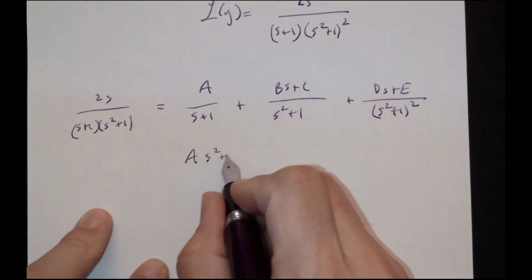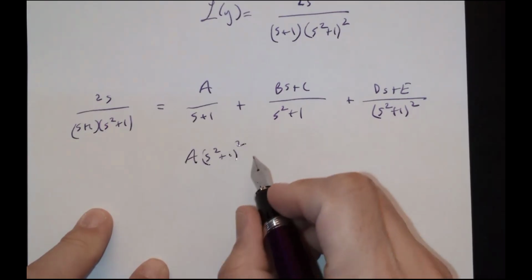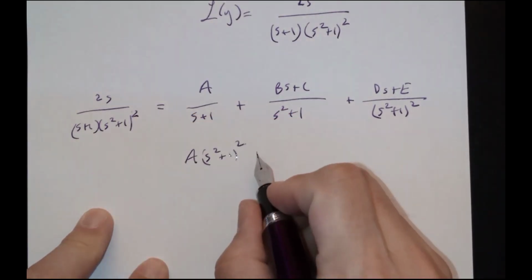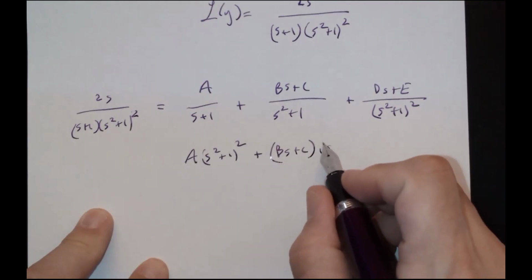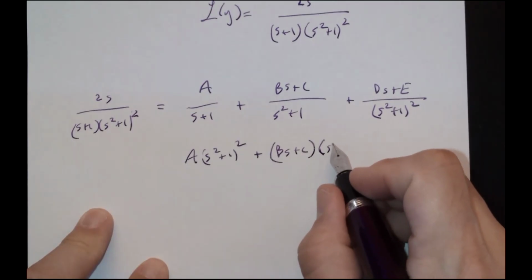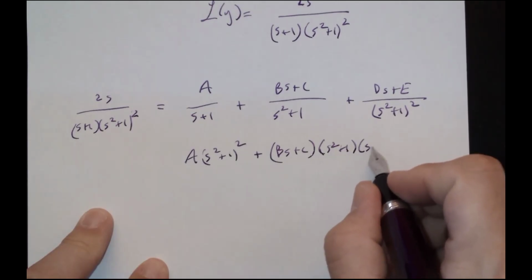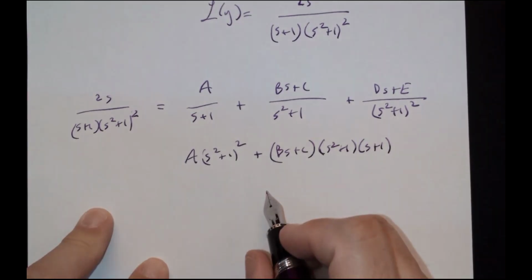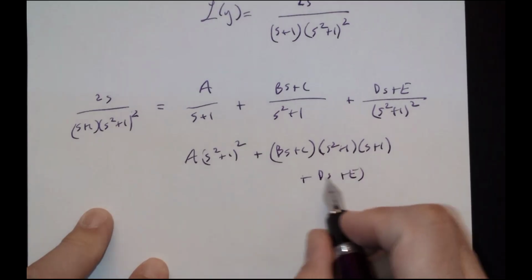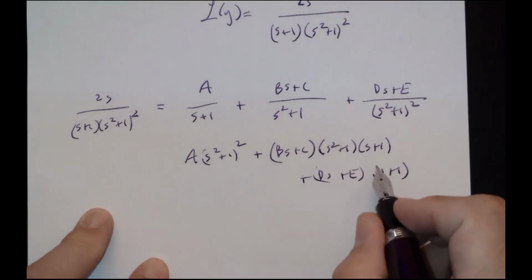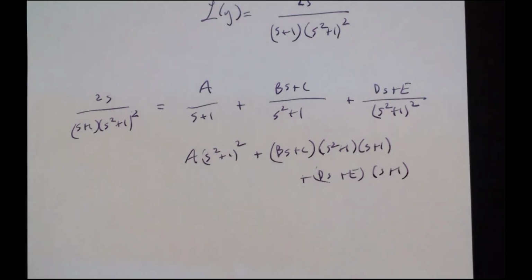A times s squared plus 1 squared plus Bs plus C times s squared plus 1 times s plus 1 plus Ds plus E times s plus 1. A lot of these are going to be equal to 0 because there's only a 2s on the other side. So it's just going to be a bunch of me figuring out what all the coefficients are.